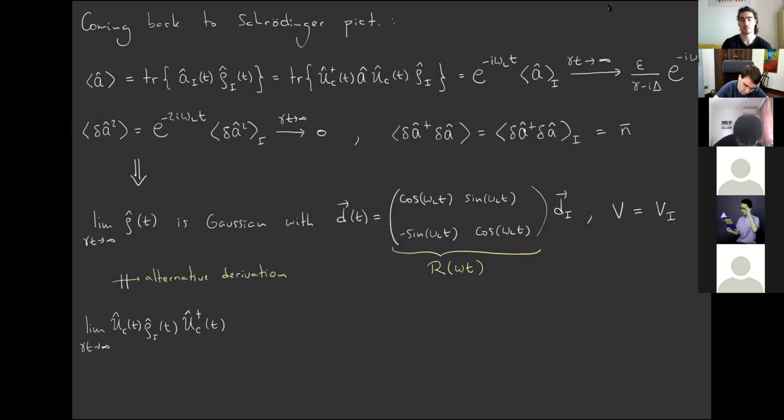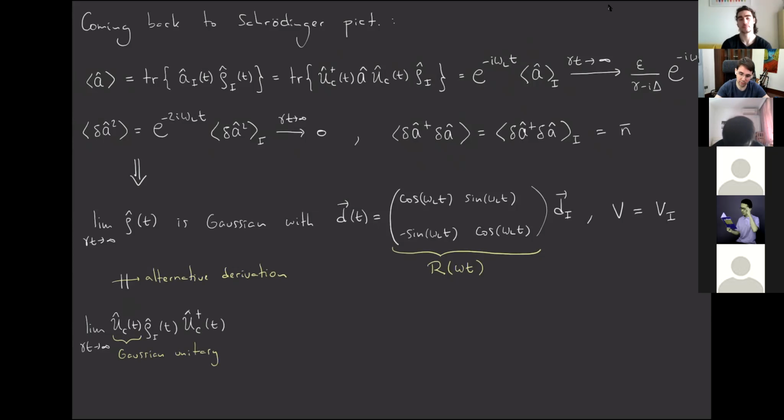But now you know that this U is a Gaussian unitary. And in particular, it's a Gaussian unitary that you know how it acts on the positions and momenta.